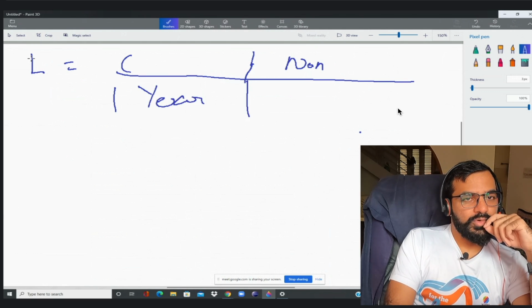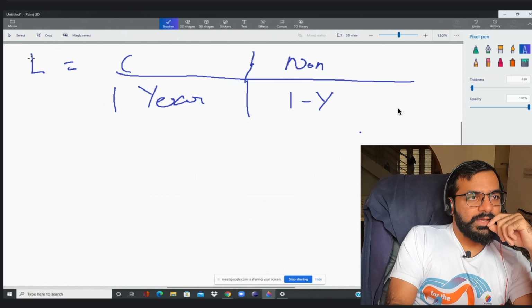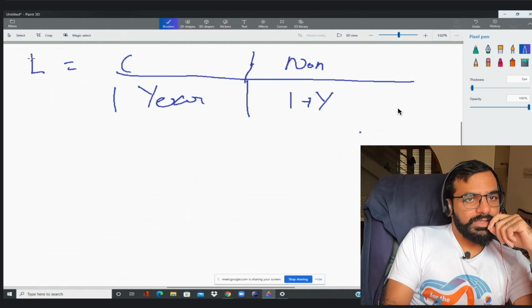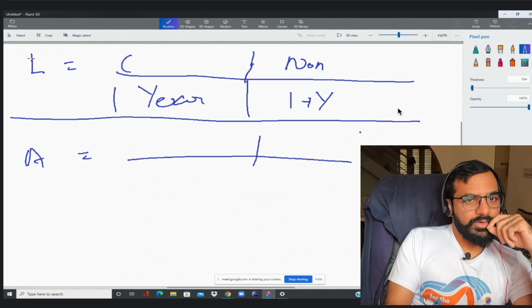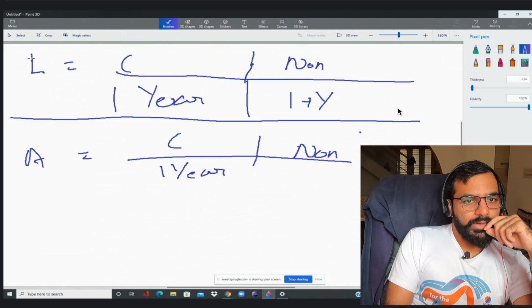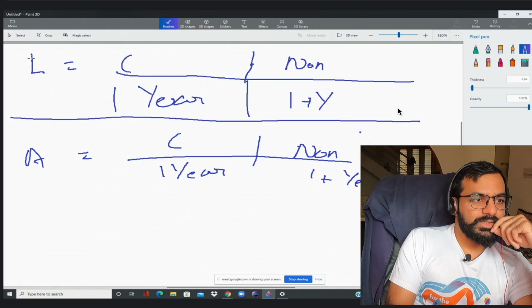Non-current is for more than 1 year, 1 year plus. Now this part is same for assets, correct? Current and non-current. Why am I repeating this? Because Kirtana is new here, so I had to repeat this part.